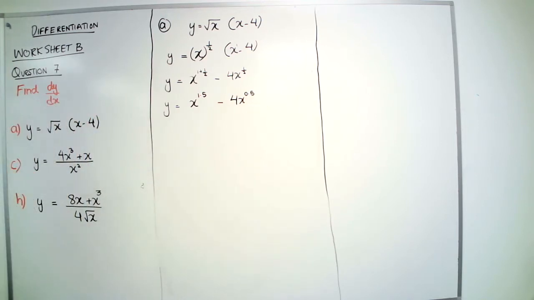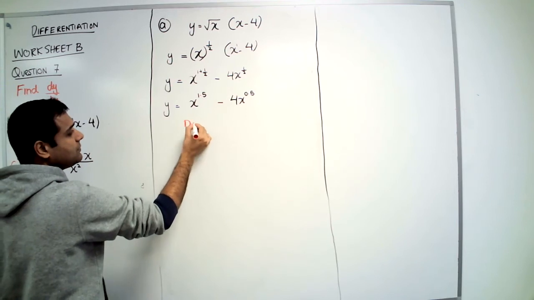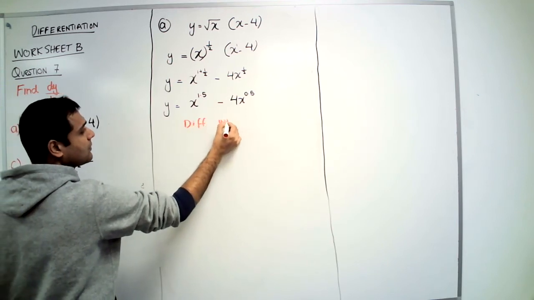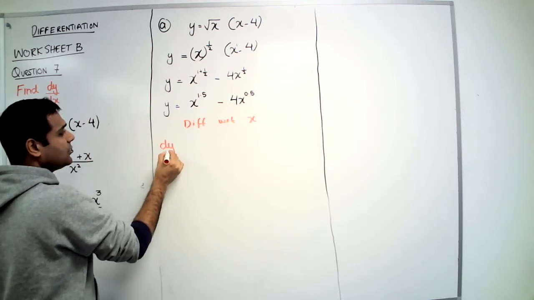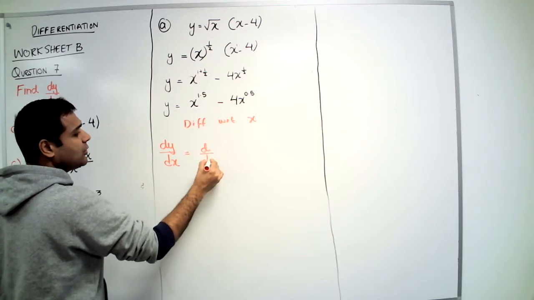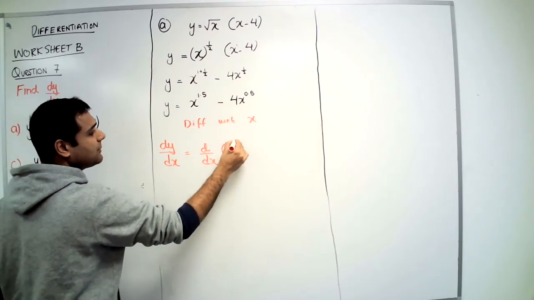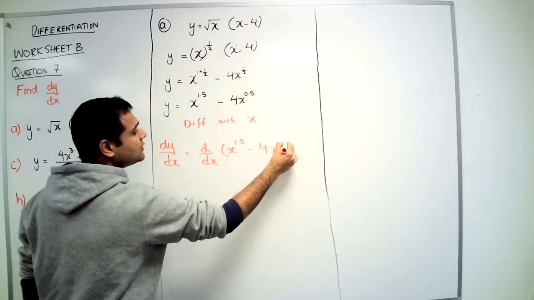Decimals are much easier. Now after that, you need to differentiate it with respect to, no sorry, with respect to x. So I got dy over dx equals d/dx of x to the power 1.5 minus 4x to the power 0.5.